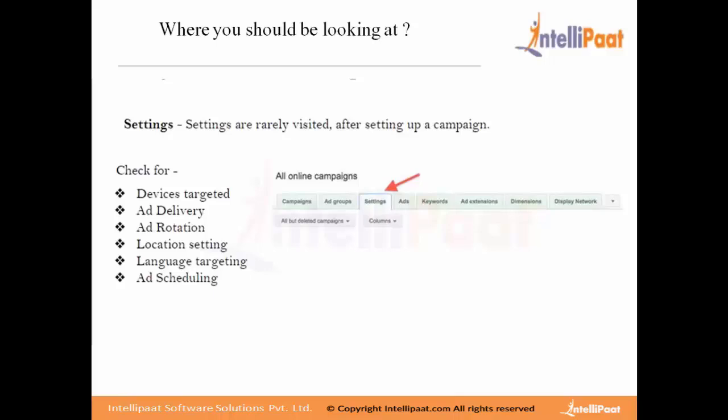The other things which need to be looked into are the ad delivery and the ad rotation. When exactly is your ad getting shown, and what is the overall delivery pattern? Is it the accelerated way or the standard way? Which one works the best? So I generally go ahead with creating different campaigns with everything being similar and fixed, and only one single parameter being kept as a variable.